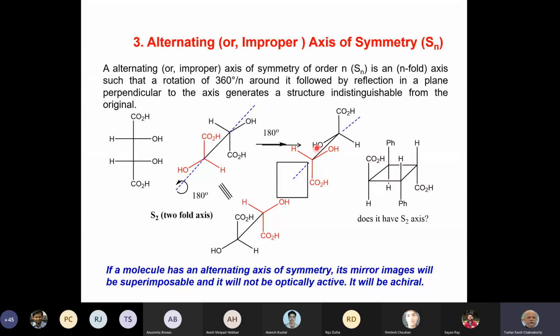After rotating, you can see the carboxyl group has come down and the backside carboxyl has gone up, and then against this axis you put a mirror and construct its mirror image as shown here at the bottom. Of course the color is red, but you can see that these two molecules are identical. So then you can say this has an S2 or twofold axis of alternating symmetry.